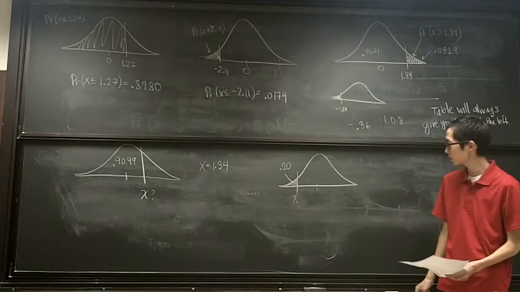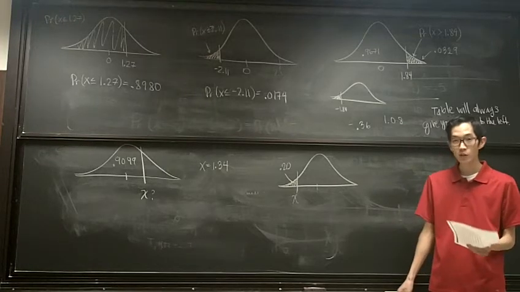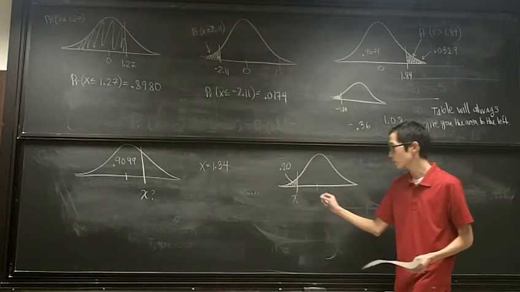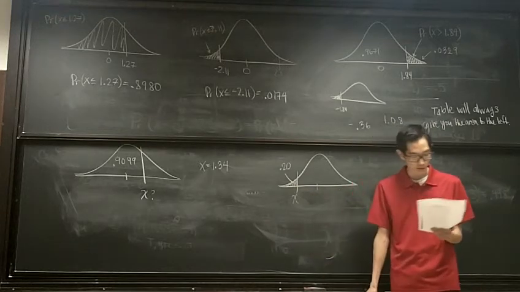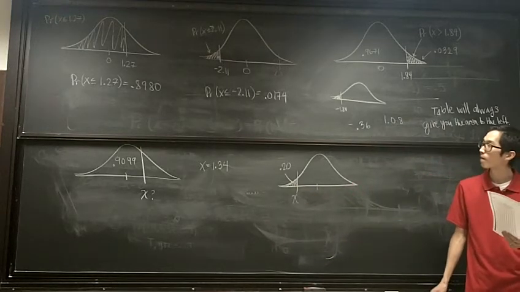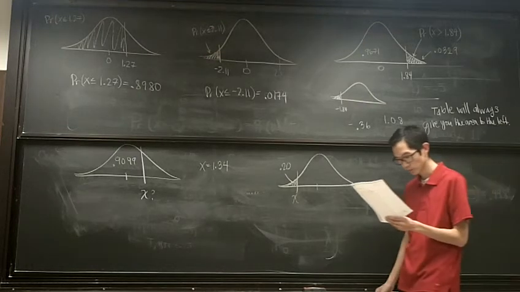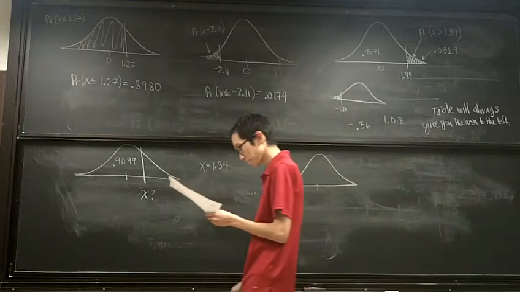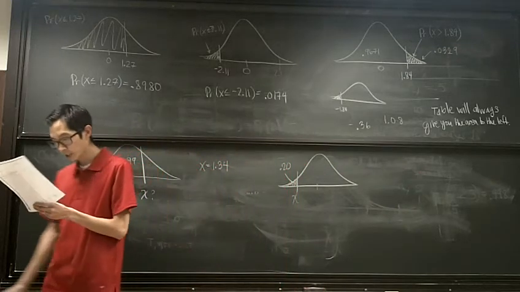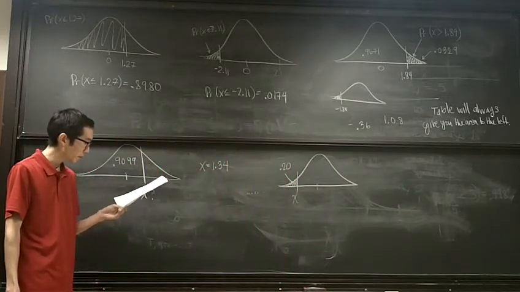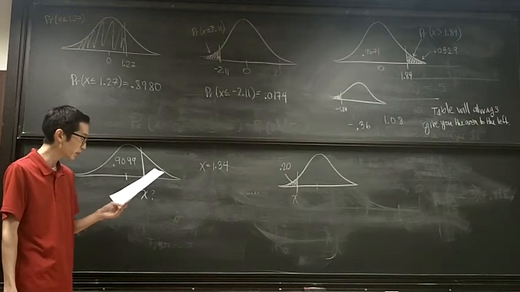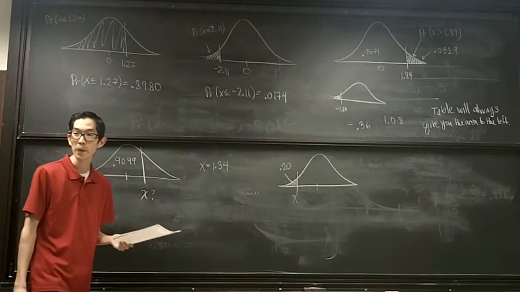Okay, so don't shout it out just yet. Find where I would draw my x in order to get 20% to the left. Yeah, it won't be exact. You're right. So what's the closest number you could find?